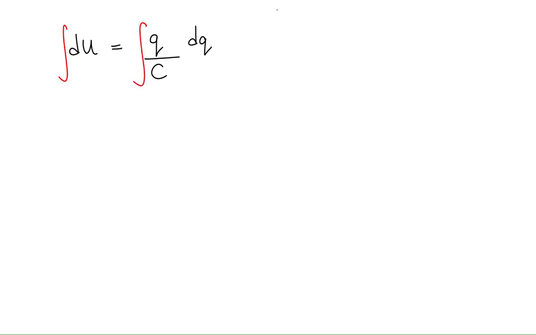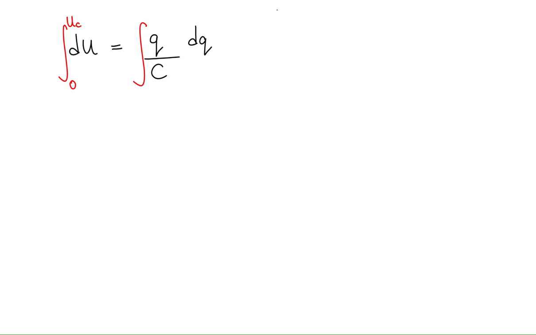So for the left side, we're going to say from some value of 0 for potential energy. Since potential energy is an energy of relative position, we will assign the 0 for potential energy to be the negative plate of the capacitor, which means the value of potential energy is going to be from the positive plate of the capacitor.